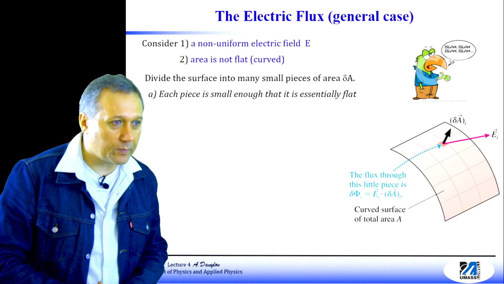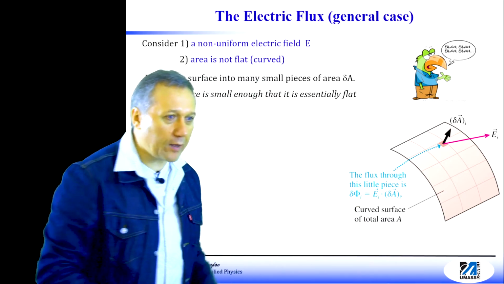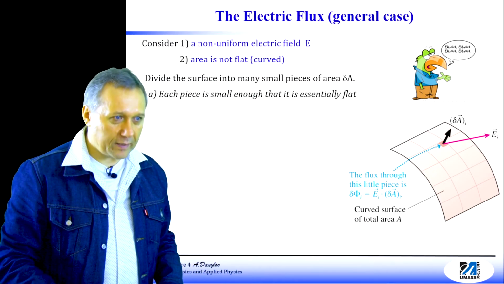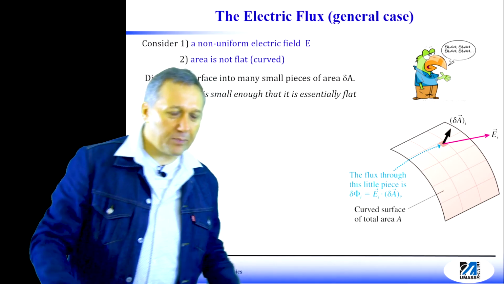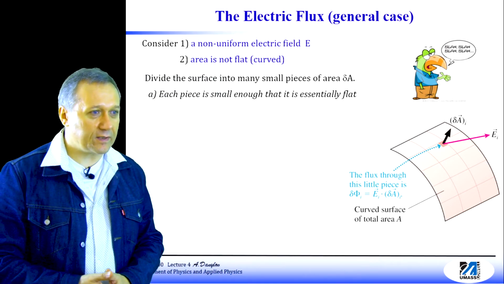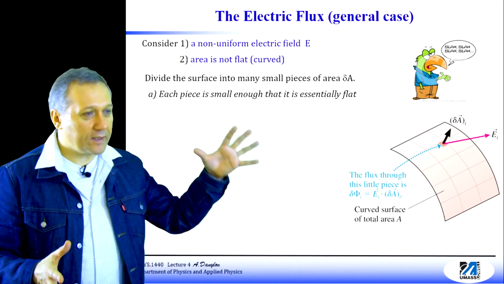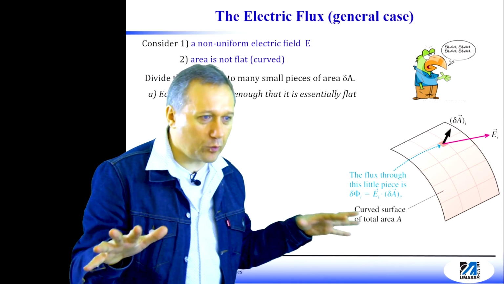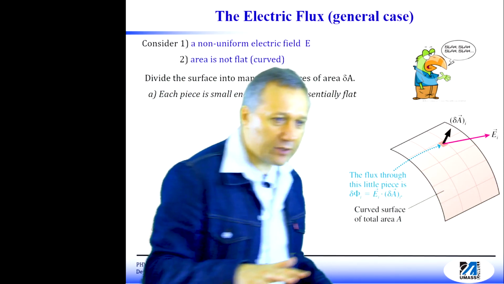It's not uniform. But if I look at my room, in comparison with the surface of the Earth, it's so small that I can say the gravitational field in my room is exactly the same at every spot.